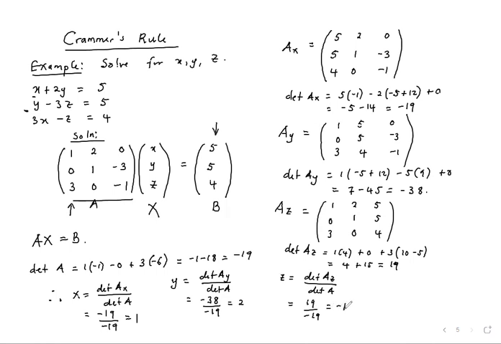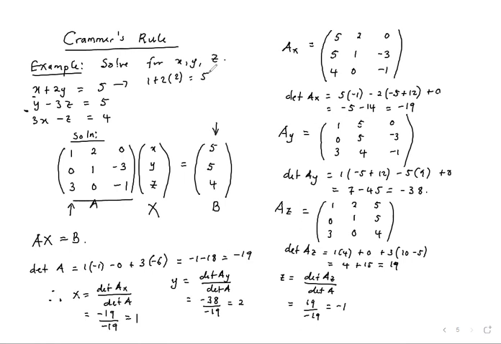You can prove if this makes sense in your equations. For example, X is 1. When X is 1 in the first one, we have 1 plus 2, Y is 2, for sure we'll get 5.